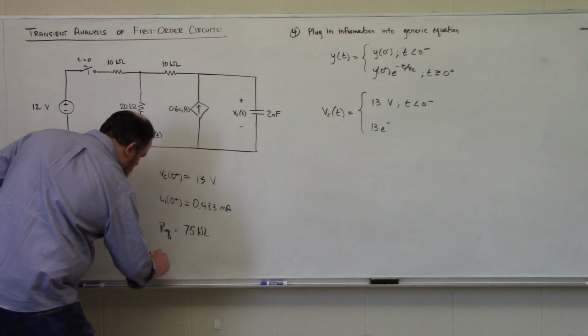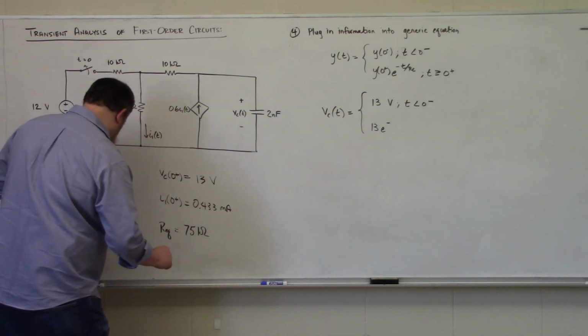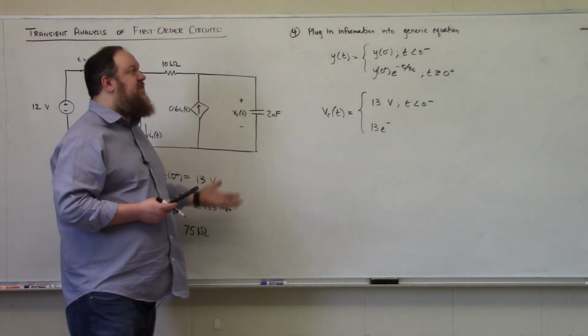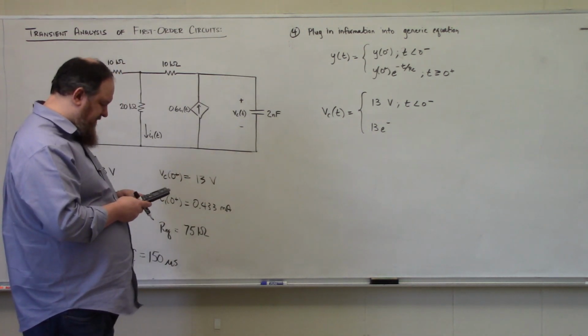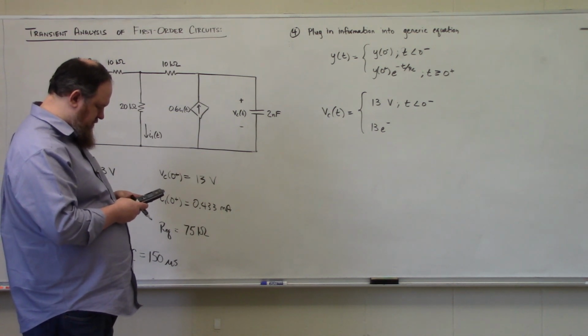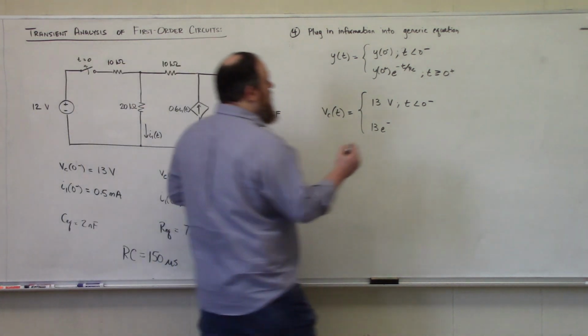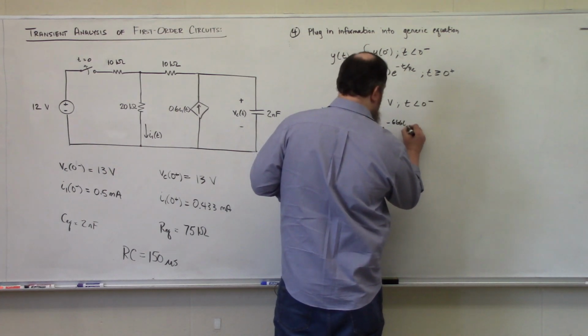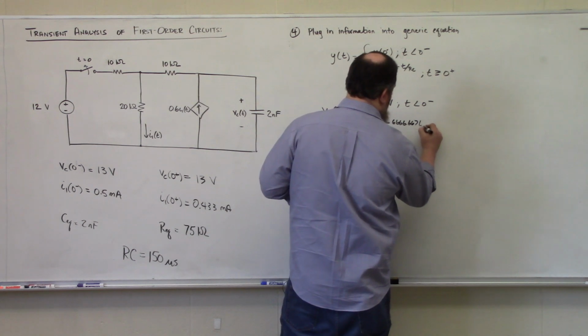Just to be clear here, RC is equal to 150 microseconds. So I could have t divided by 150 microseconds, or .667 t.